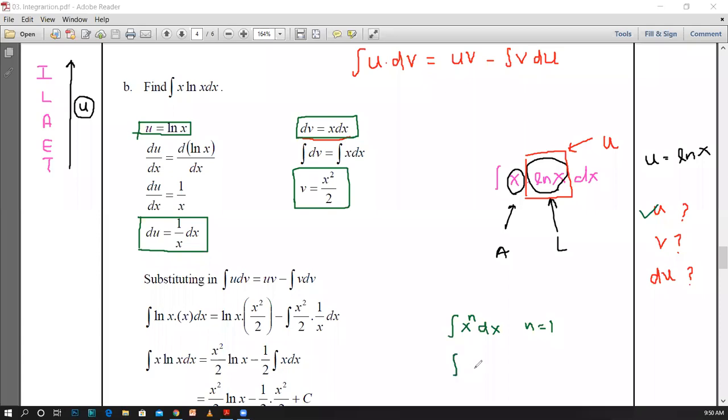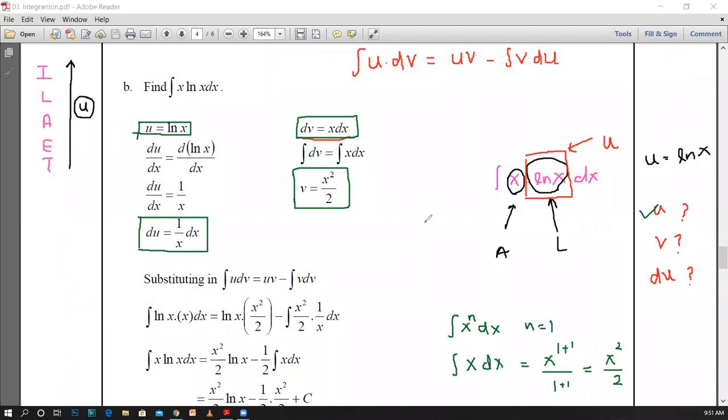Therefore, we have x to the power 1 dx. This gives x to the power 1 plus 1 divided by 1 plus 1, which is x squared divided by 2. Therefore, the value for v is equal to x squared divided by 2.